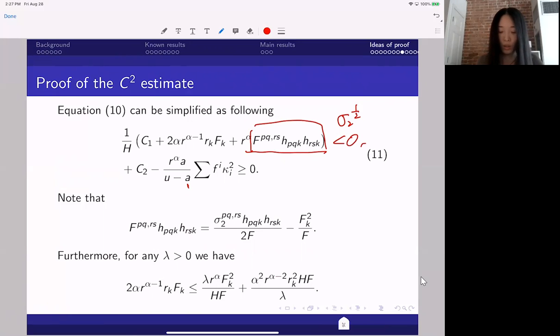So what we really don't know is just this term. We have no idea if it's positive or negative, or how big it is.